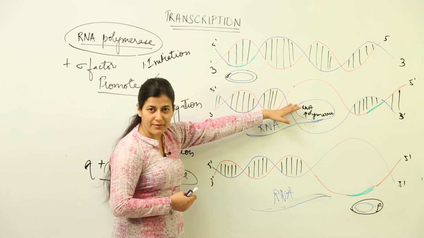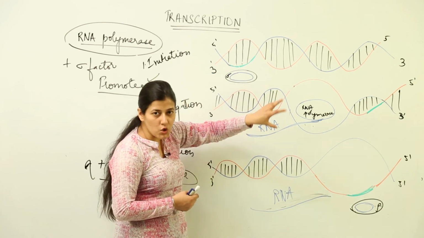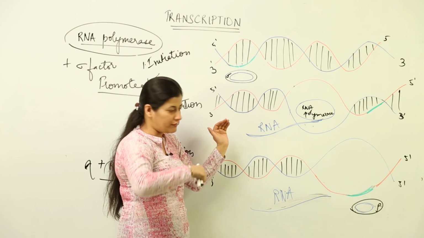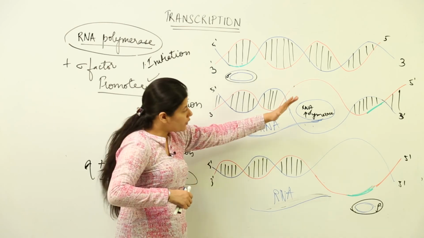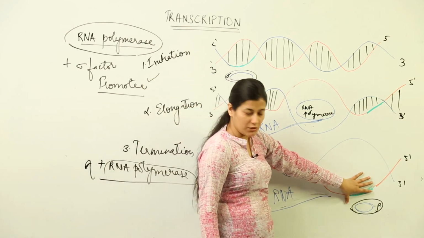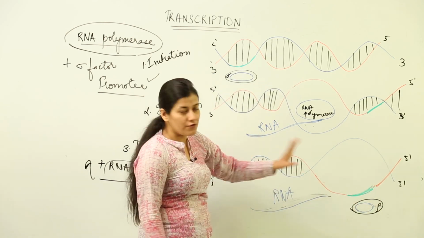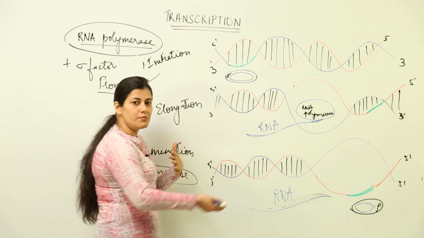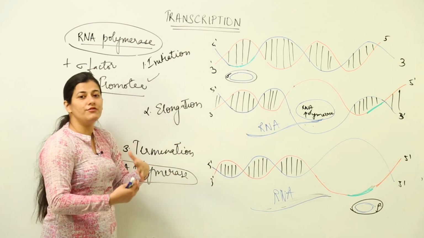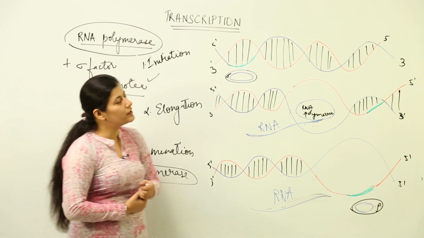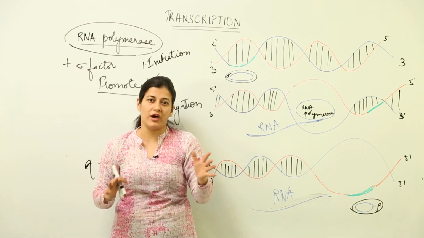From the template strand, RNA polymerase notes down the sequences, brings the complementary nucleotide triphosphates and elongates the RNA. When it reaches the terminator sequence, Rho factor comes to its assistance and detaches the RNA from RNA polymerase, and RNA polymerase is in turn ready for another cycle of transcription. So, this is all you have to remember in transcription. I hope you have understood it well.